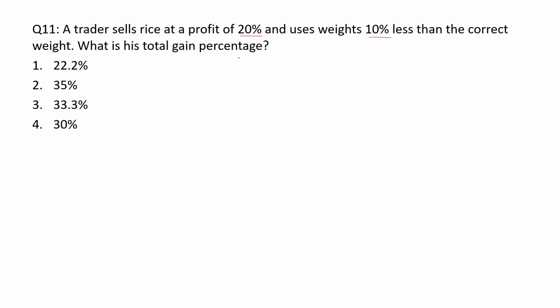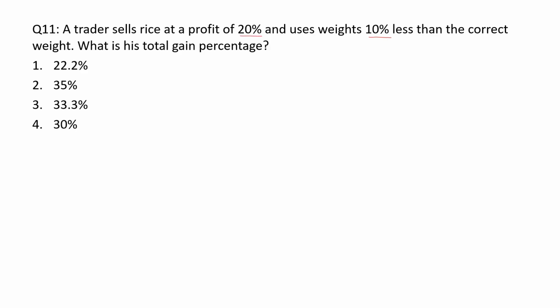So what is happening? You understood the problem, no? So original profit should be 20% on the cost, but he's also cheating, cheating of 10%.